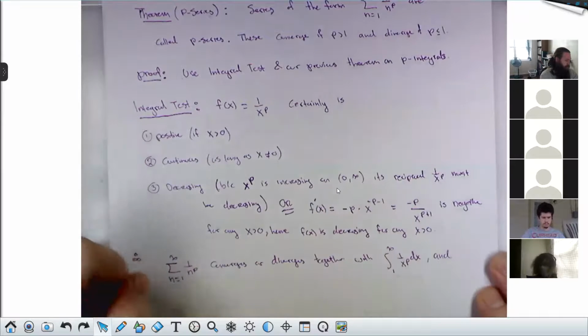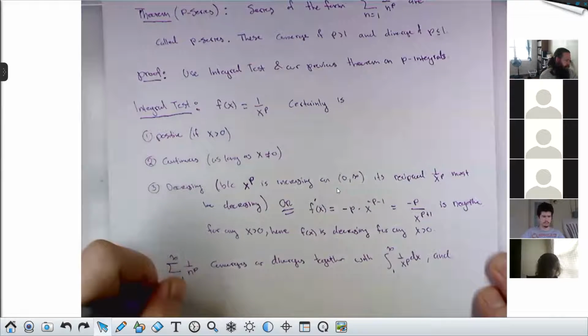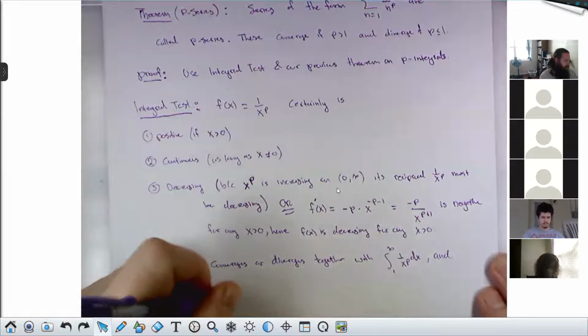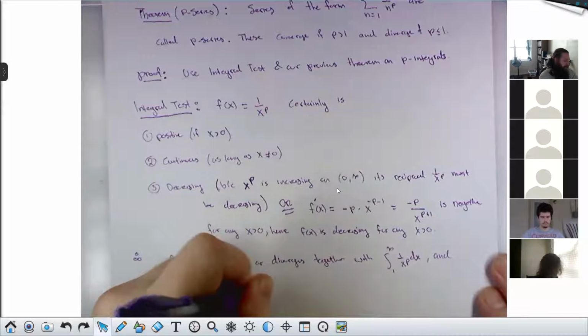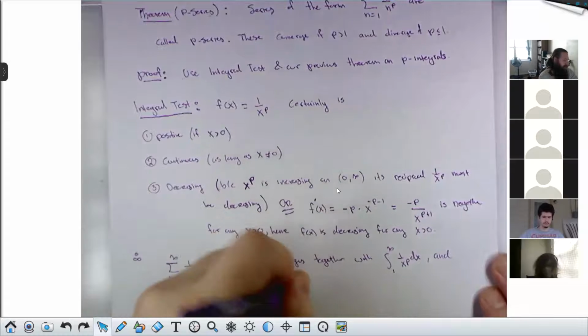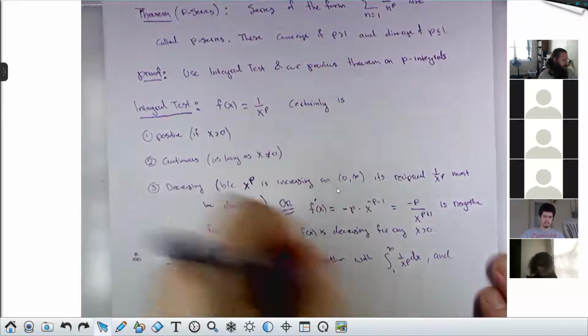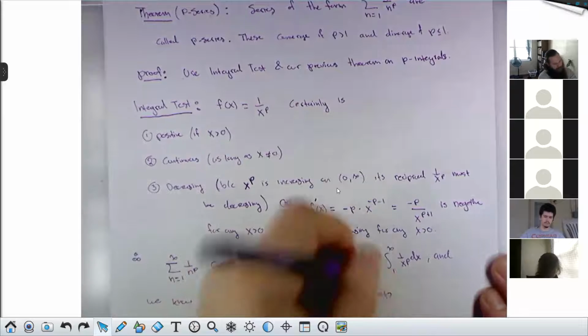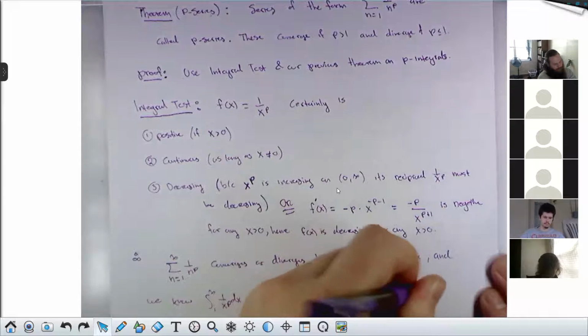And we know that the integral 1 to infinity, 1 over x to the p dx converges if p is greater than 1 and diverges if p is less than or equal to 1.